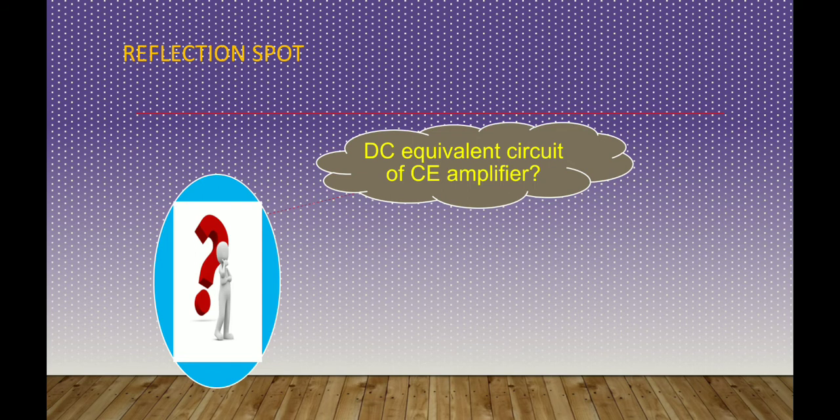Now what will be the DC equivalent circuit of the CE amplifier, the circuit we saw? What will be the DC equivalent circuit for that? Think for a while. For the DC equivalent, only how the current will be flowing through the DC path only.